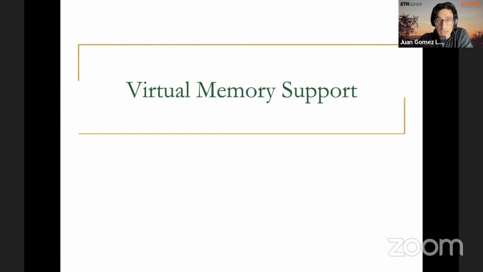If you think about something like PIM-enabled instructions, in PIM-enabled instructions, we are offloading individual instructions to the memory side. So in the end, doing the virtual to physical memory address translation is relatively straightforward because it's for a single instruction.